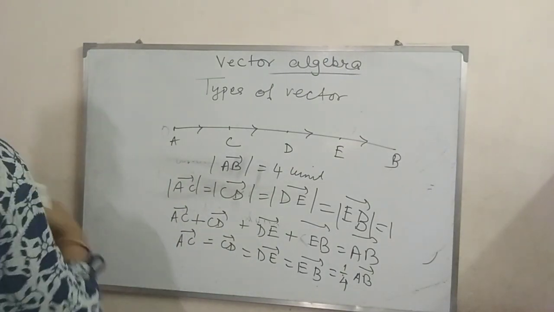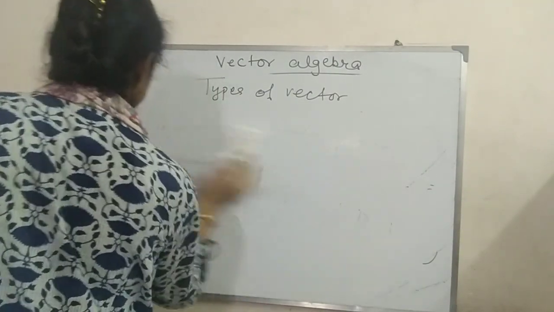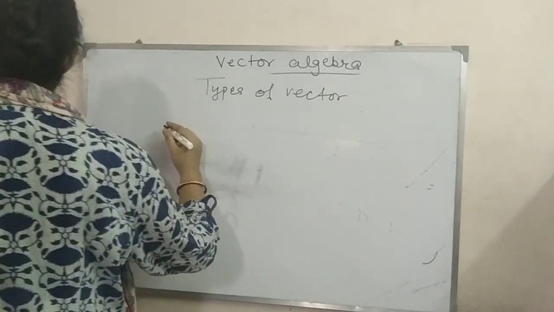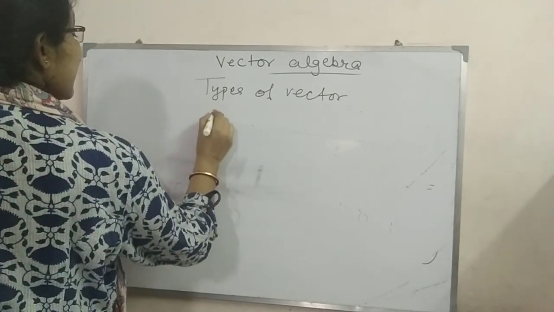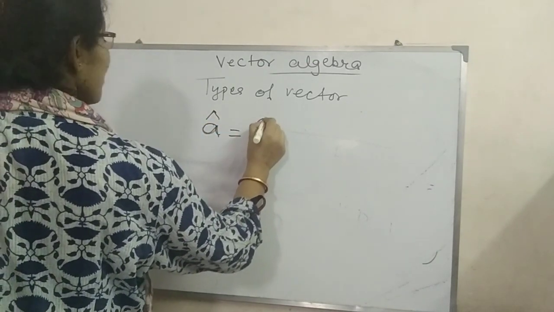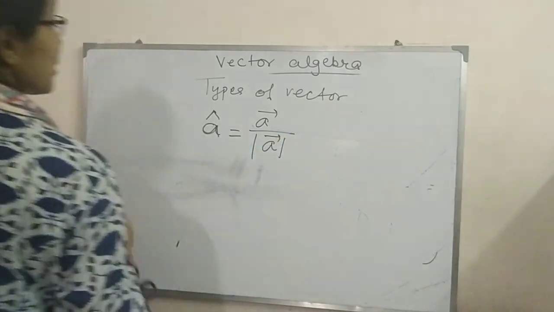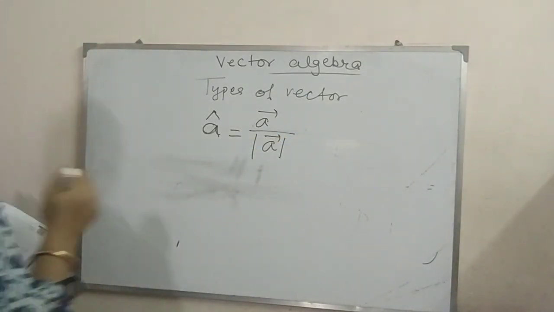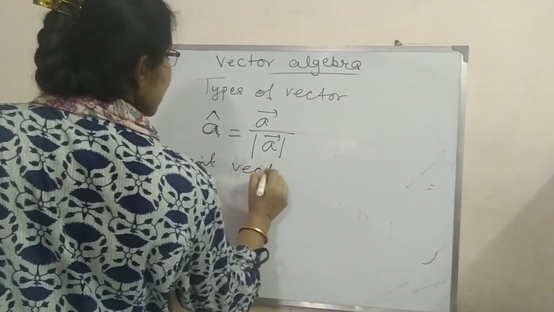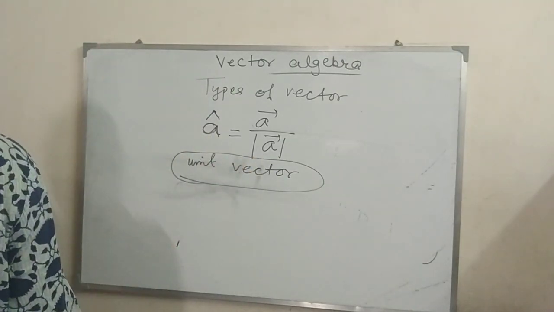And a unit vector is written in this way: unit vector equals vector divided by its magnitude, that is vector A by its magnitude. This is the writing procedure of a unit vector.